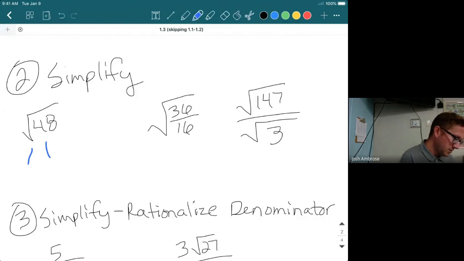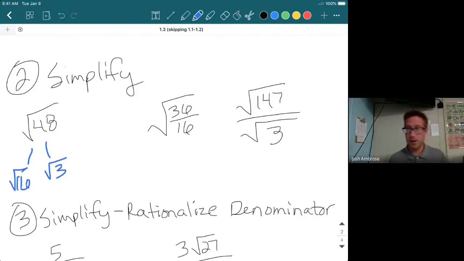I believe our best situation here is 48 divided by 16, which works out perfectly. But you have to make sure that you write your two factors underneath a radical. The 48 is underneath a radical, so 16 and 3 have to be underneath a radical.